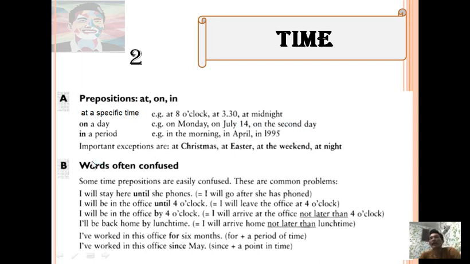But for a period of time, you are able to use the preposition in. Example, in the morning, in the evening, in the night, in April, in 1995. In is for periods of time, months, and years.